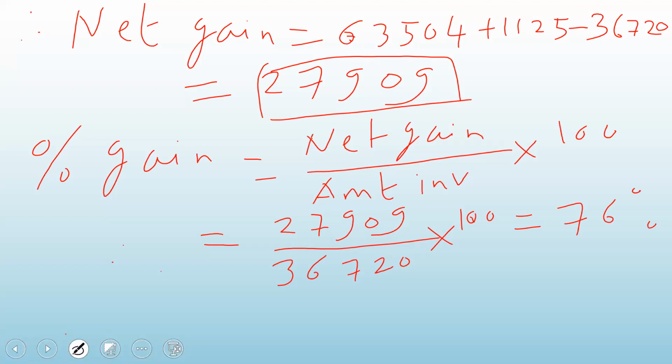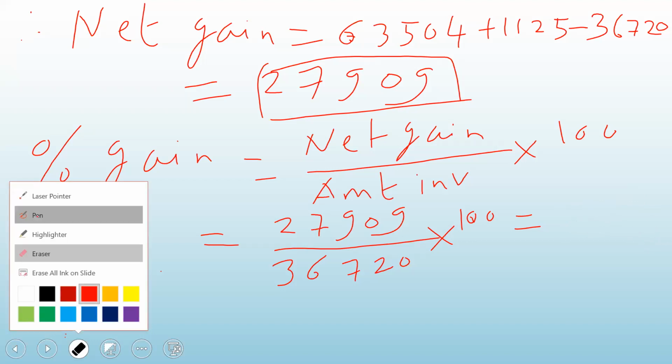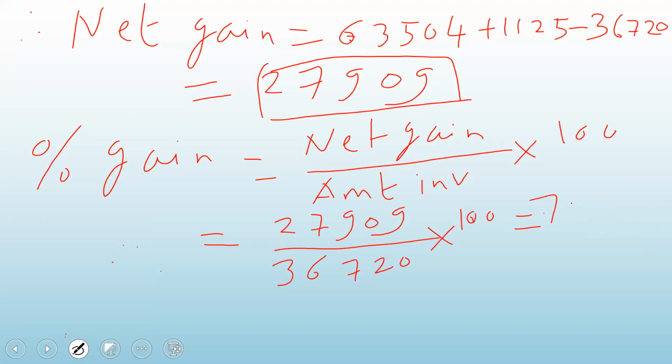The percentage profit, or percentage gain, is 76. So in this way, we can solve the problems to find out net gain and percentage gain, in which bonus shares are also involved.